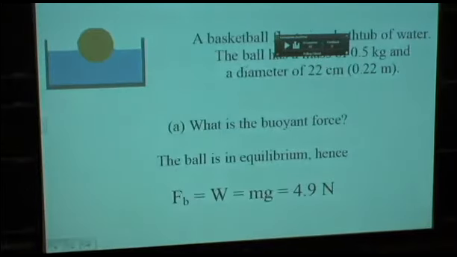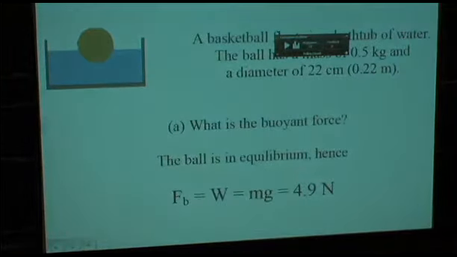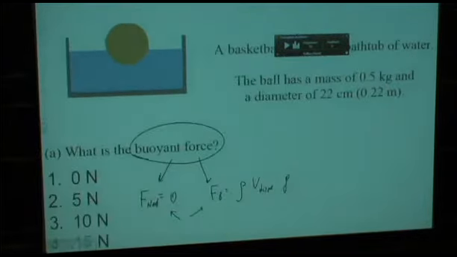And that's exactly what you should do. In this situation, all you have to do is just set two magnitudes together, because the buoyant force must have exactly the same magnitude. Which expression did I use? This one. Because the ball floats in equilibrium, net force has to be equal to 0.